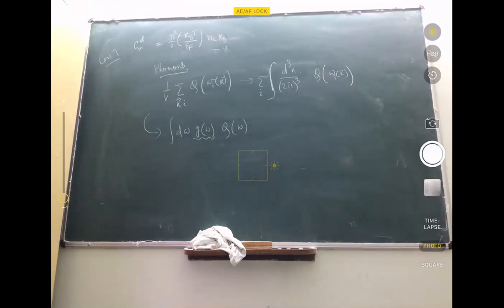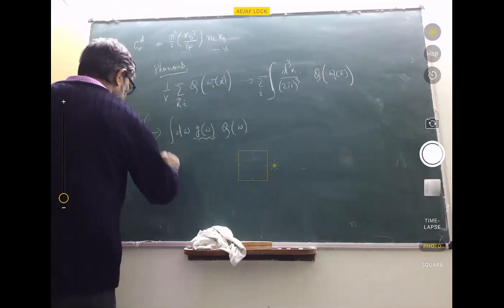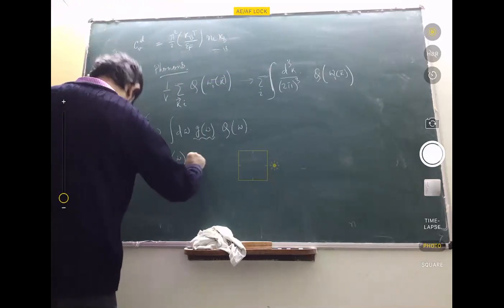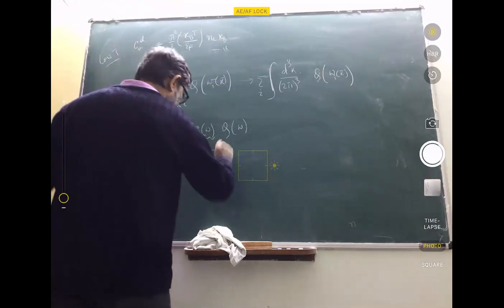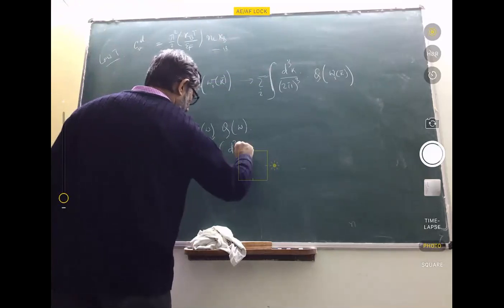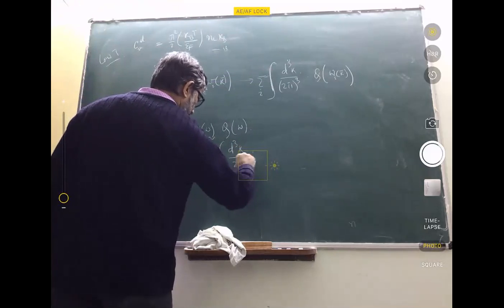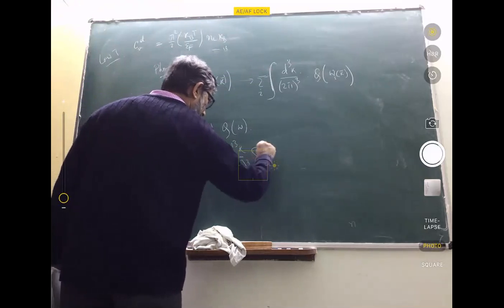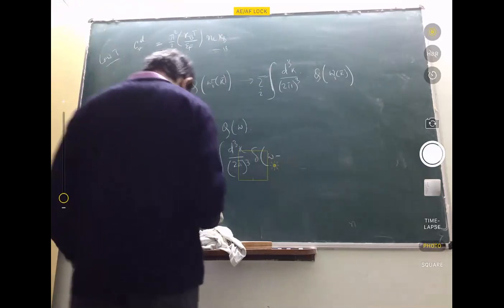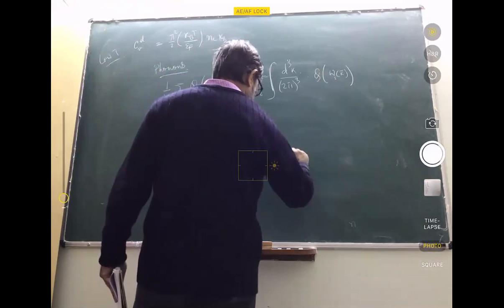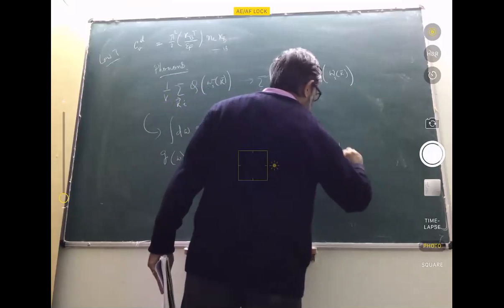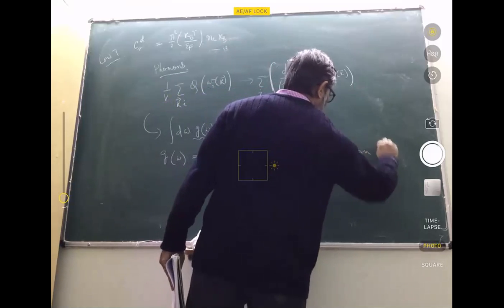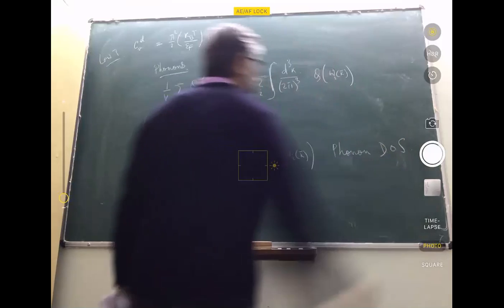So this g of omega is the phonon density of states.